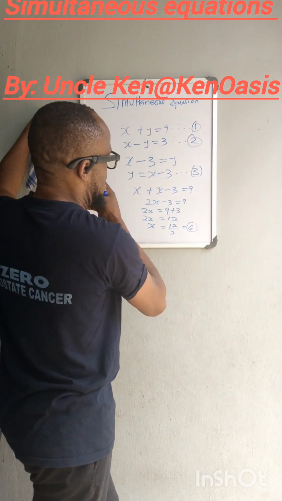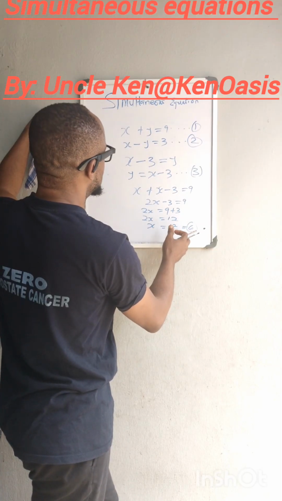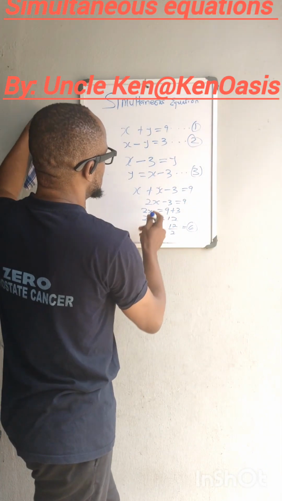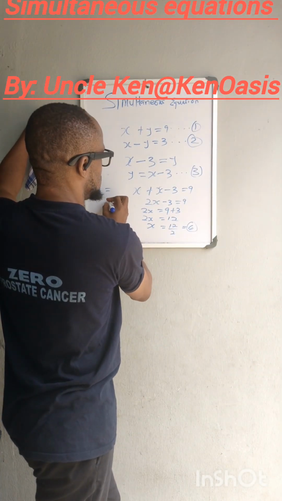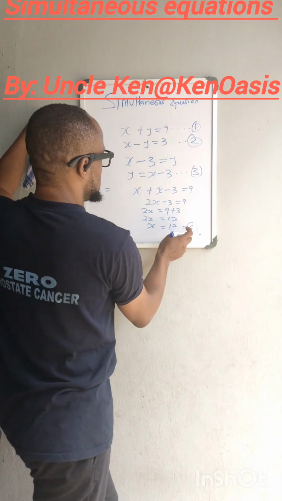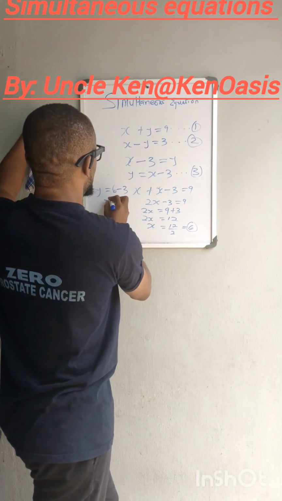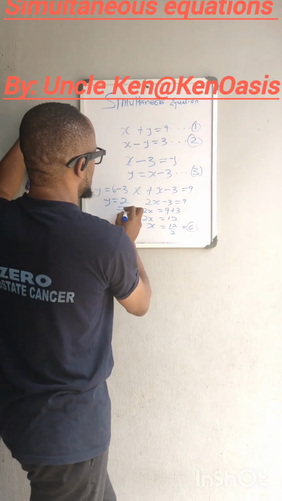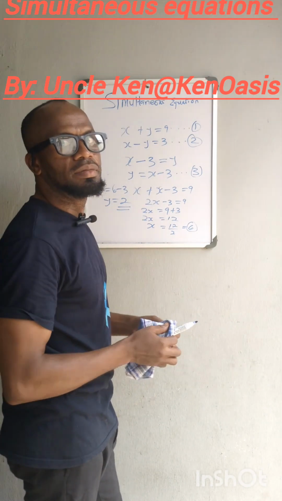Then in order to get your y, you can substitute this value of x in this third equation. So you will now get y is equal to, the value of x is 6, 6 minus 3. So y is equal to 2, which is also what we got earlier.